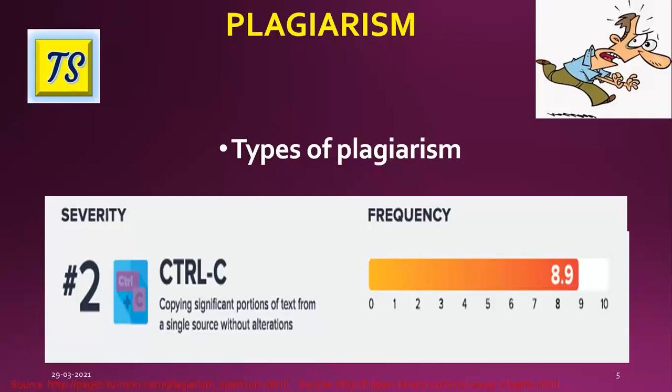In this work, you are copying a significant portion of the text from a single source without alteration. Just understand the difference between the clone type and the Control C type. A particular portion you copy, there will be no changes. You just collect it and include it in your research. The frequency, if you refer, out of 10, 8.9 occurs under the Control C type plagiarism.